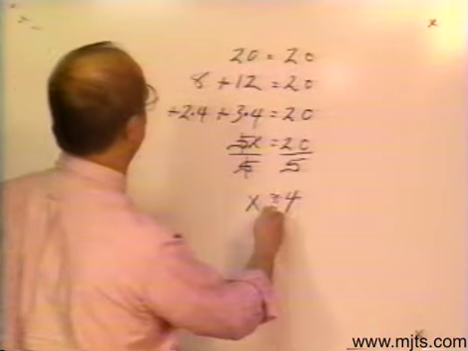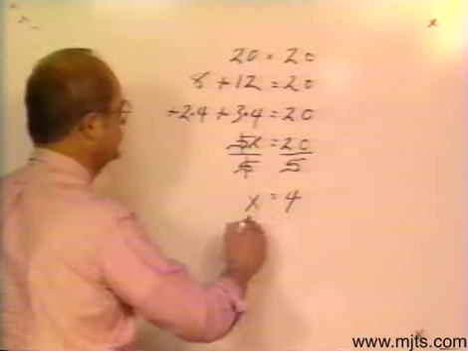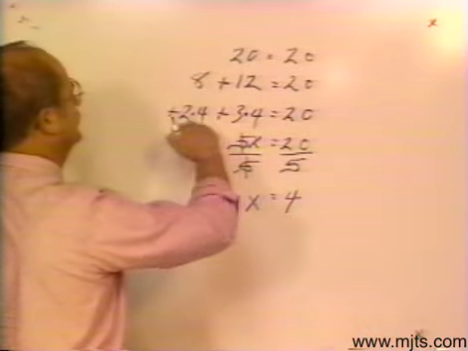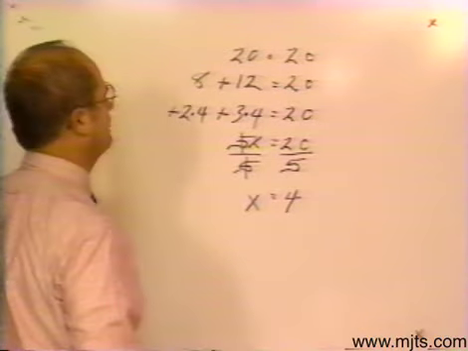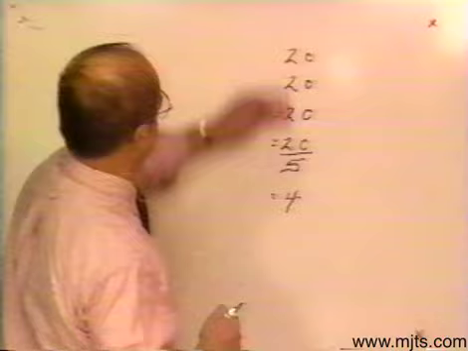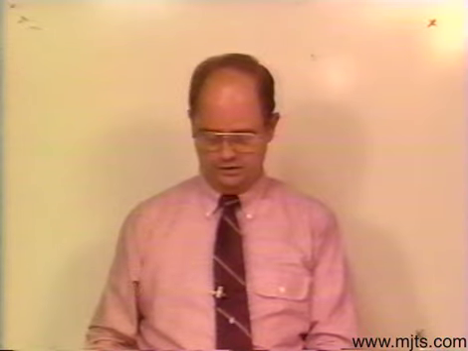So we proved that x equals 4 is the answer for this particular formula. Okay, those should all be somewhat similar. If you have fractions, remember your fractions, and still combine your terms and so on.